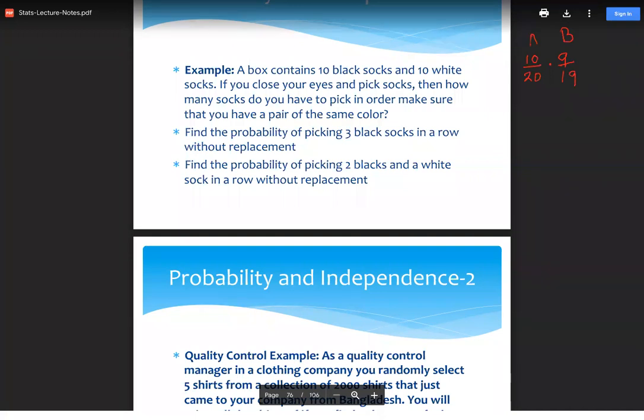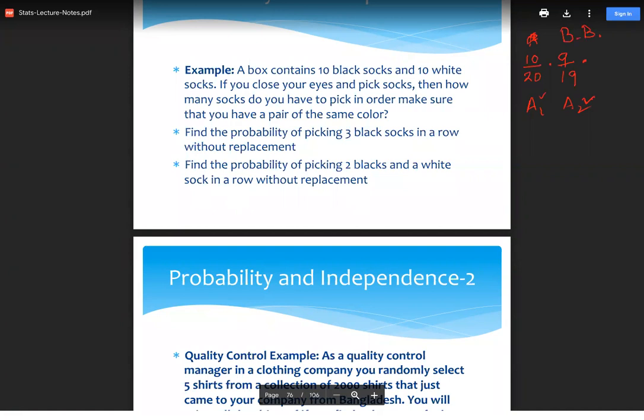So these events are dependent. Let's call them A1, A2. These are dependent events. So what happens in A1 is going to determine what's going to happen in A2 and whatnot. So what is the probability of getting another? So you got 2 black socks, okay?